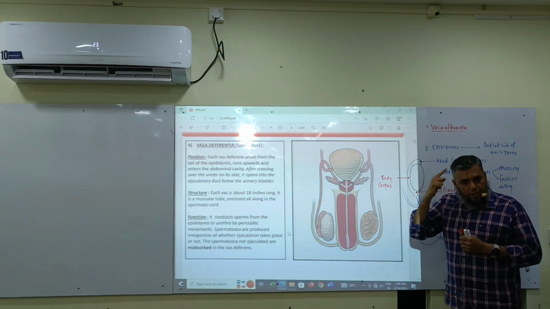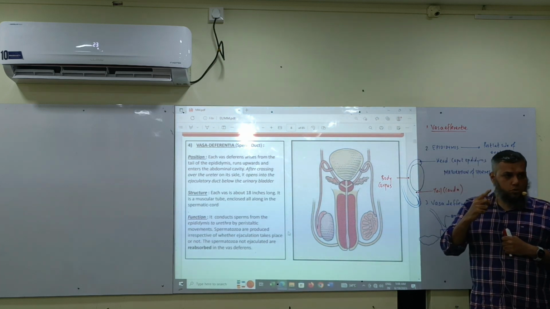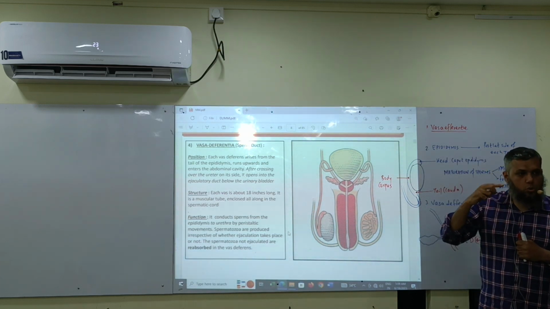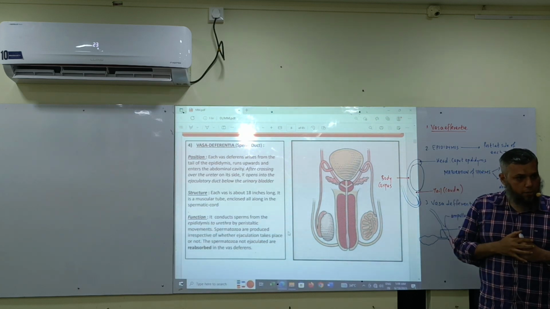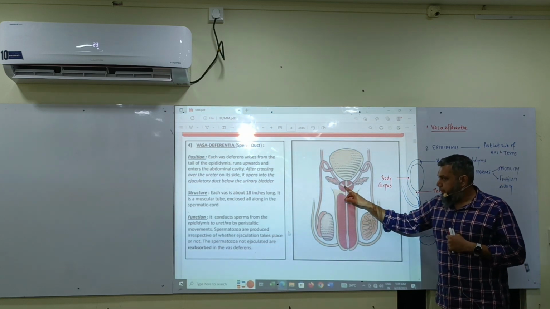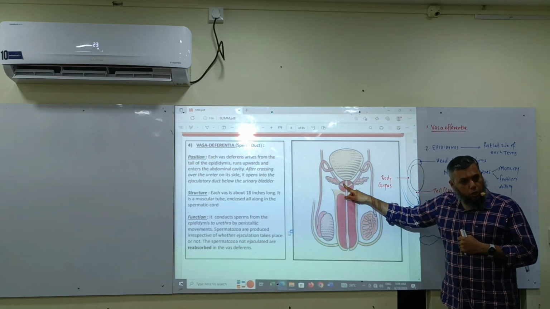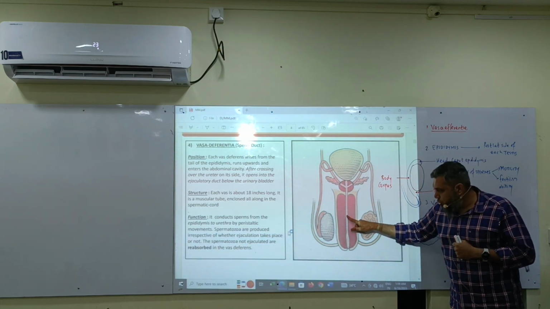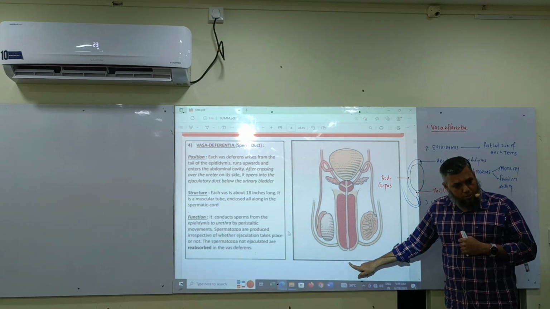That sends signals to your brain, and that gives the sexual pleasure to the male brain. And under the effect of the autonomous nervous system, the ejaculatory duct will contract and all the fluids will come out of the urethra, penis.